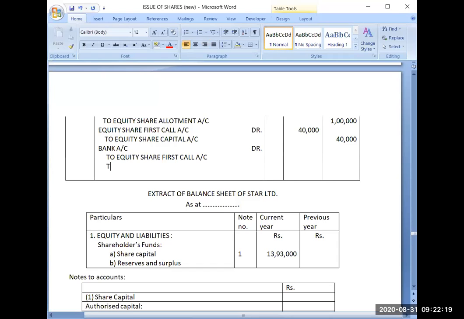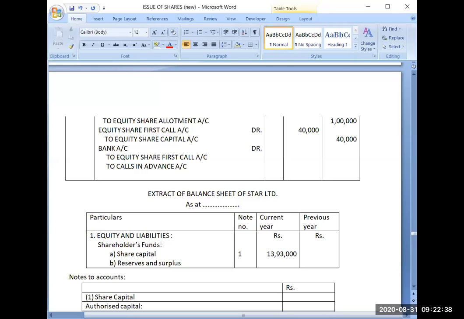And some amount you are receiving in advance, to calls in advance account. And now listen to my questions carefully and try to answer them, all of you. Try to participate in these questions. It will make these topics much clearer.